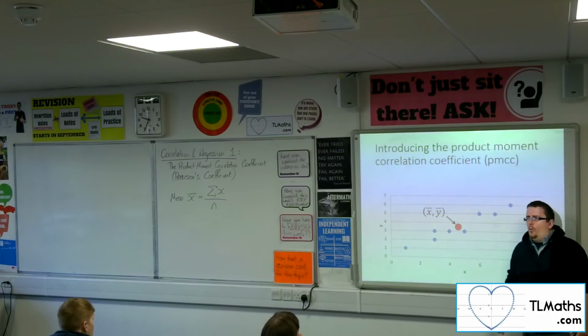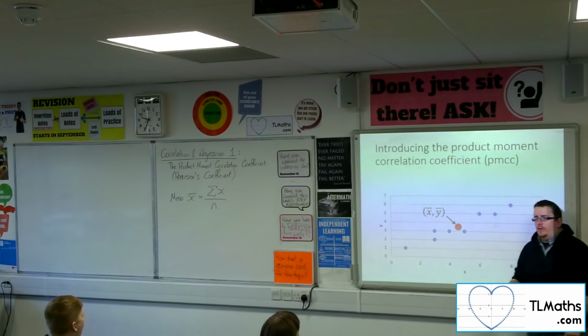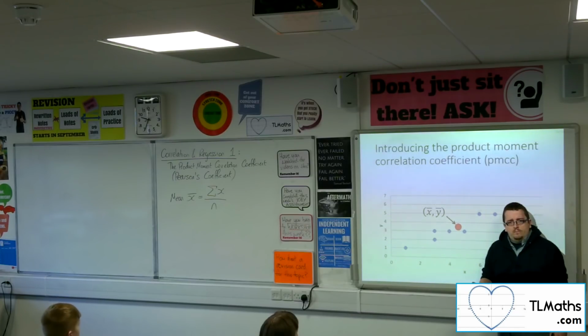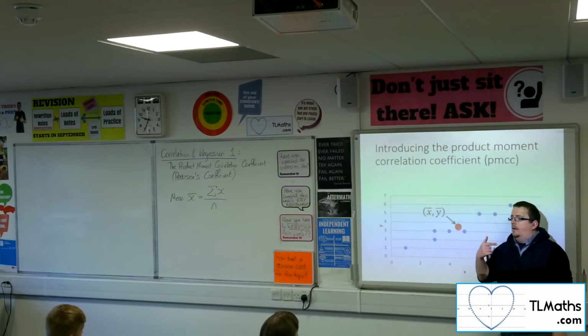Now, can you remember last year, when you were doing S1 and you were first introduced to the standard deviation, how you calculated it from the very start? People are shaking their heads.